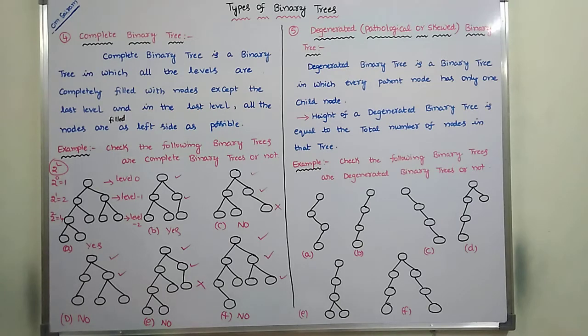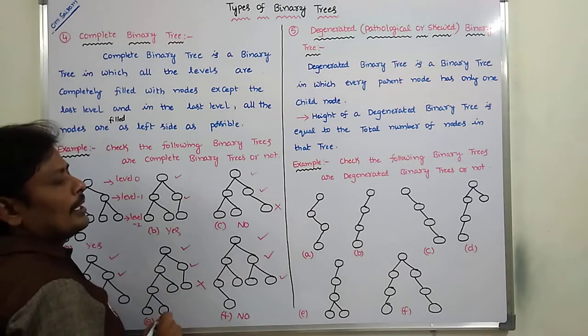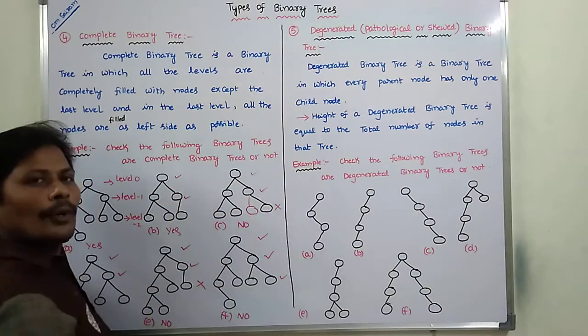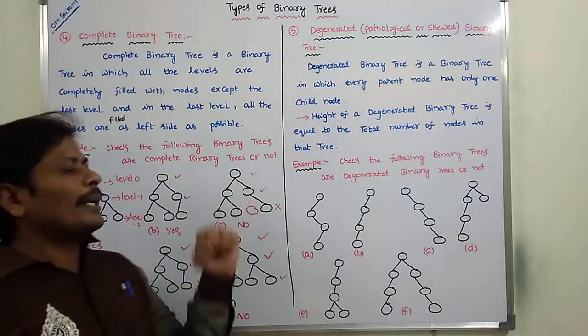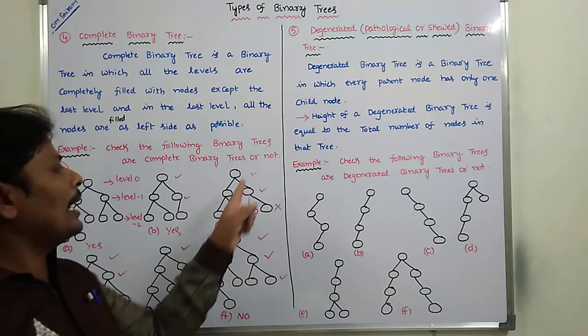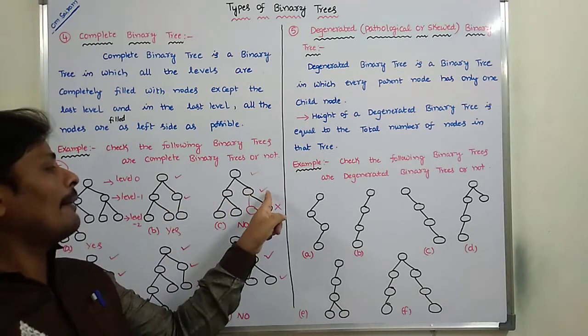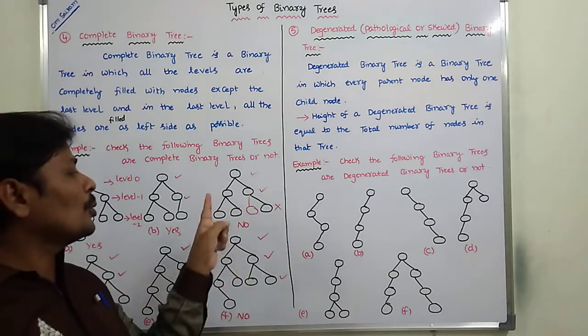Okay. Next, for example, we can go to this case. Suppose here it is also there. So is it a complete binary tree or not? In the level 0, 2 power 0, one node is there. In the level 1, 2 power 1, two nodes are there.